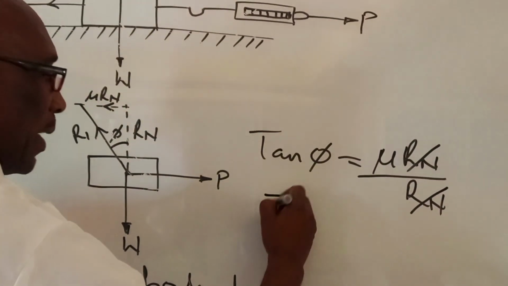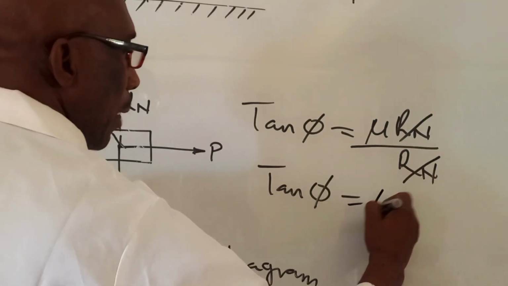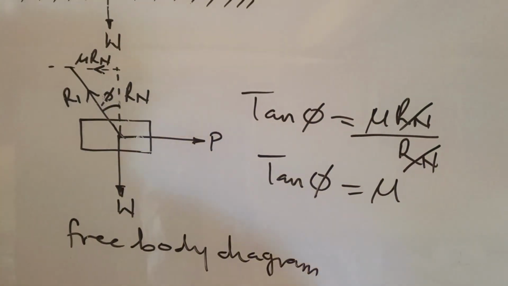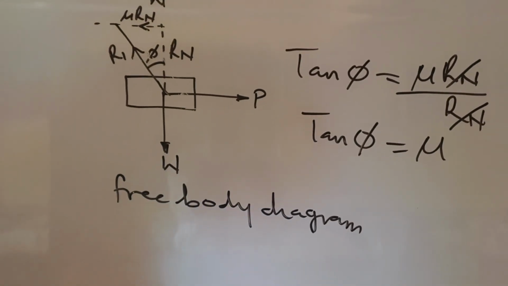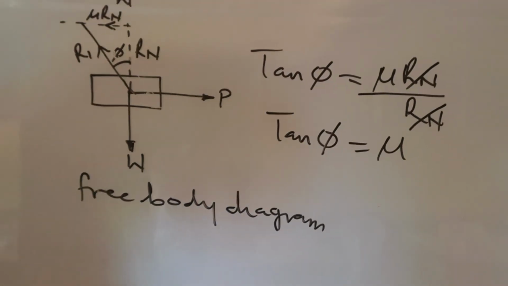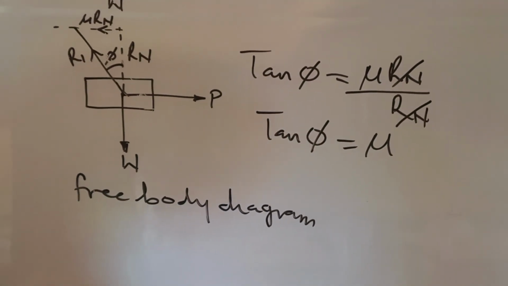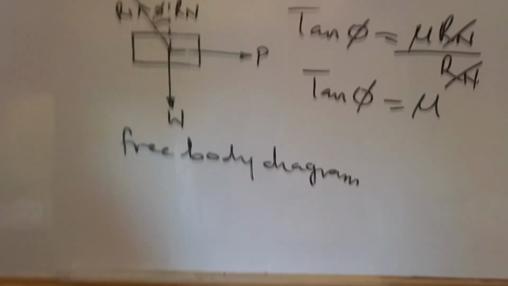So the tangent of the angle of friction is equal to the coefficient of friction. That's tangent phi is equal to mu. The use of the angle of friction often simplifies the solution of frictional problems, especially when the hauling force is inclined at an angle to the horizontal plane.